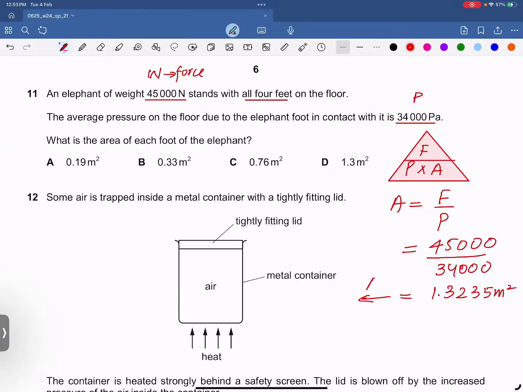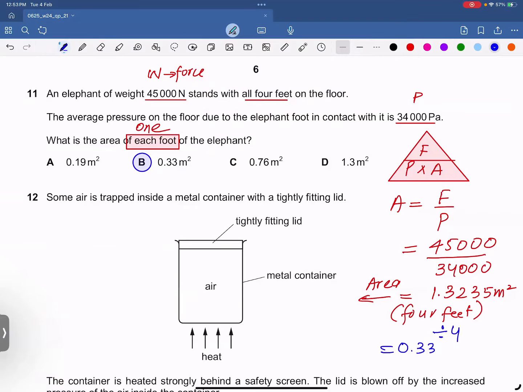Now this area is for 4 feet. We need it for 1 foot. Each foot means exactly 1 foot, so you divide this by 4. The answer is 0.33. So option B.